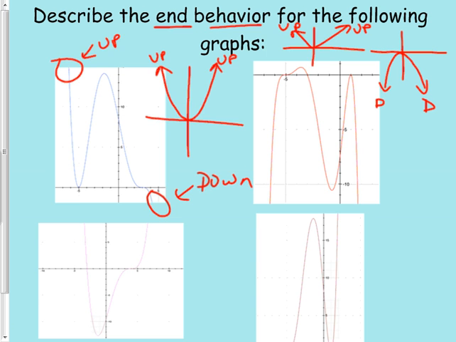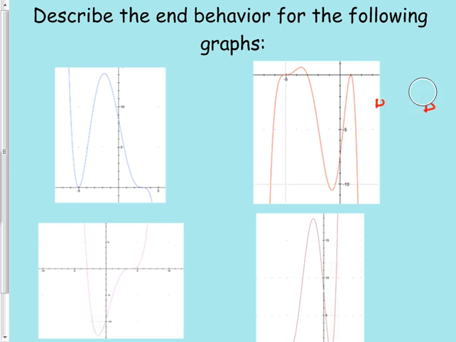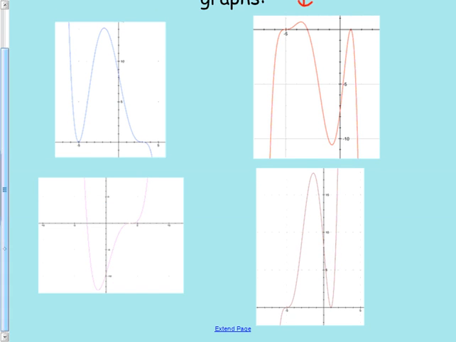All right, so you've seen these forever. We're just starting to name their end behavior, and it's just up and down. So you usually say the left one first. So what's this one? Down, down. What's this one? Up, up. What's this one? Down, up.